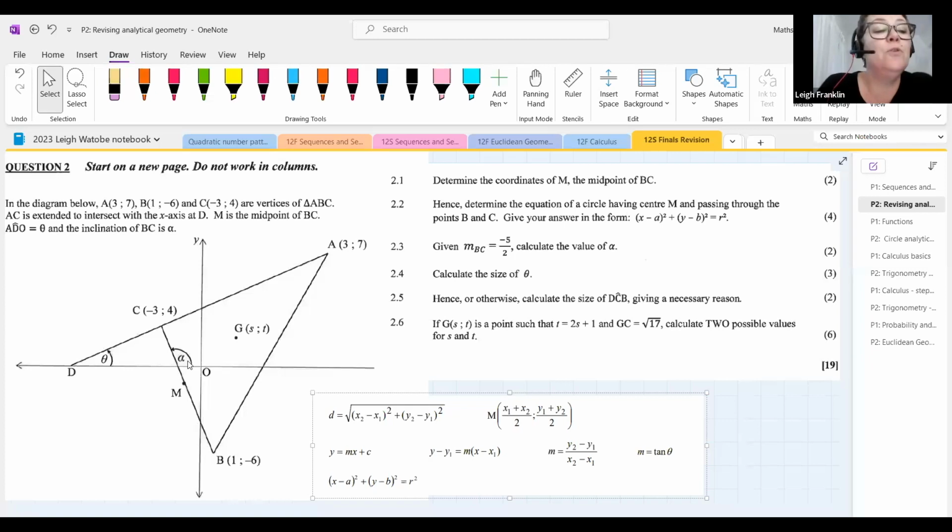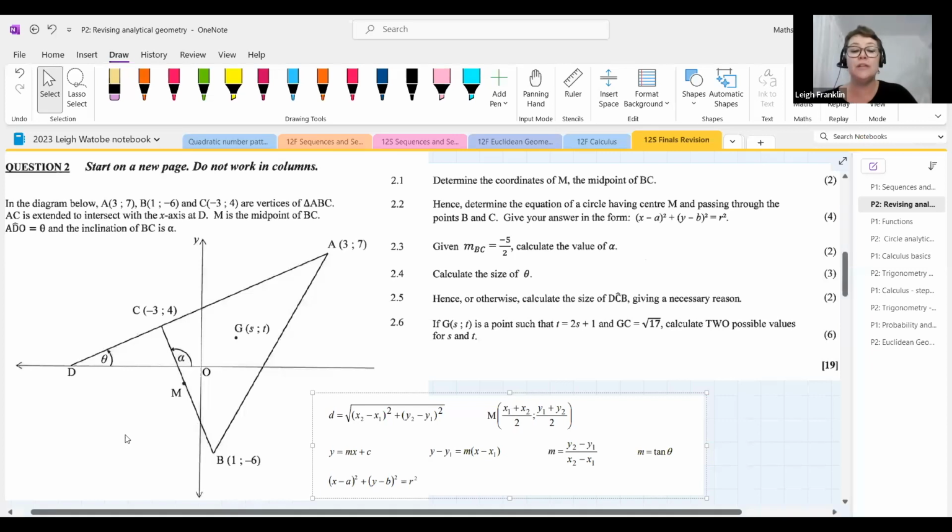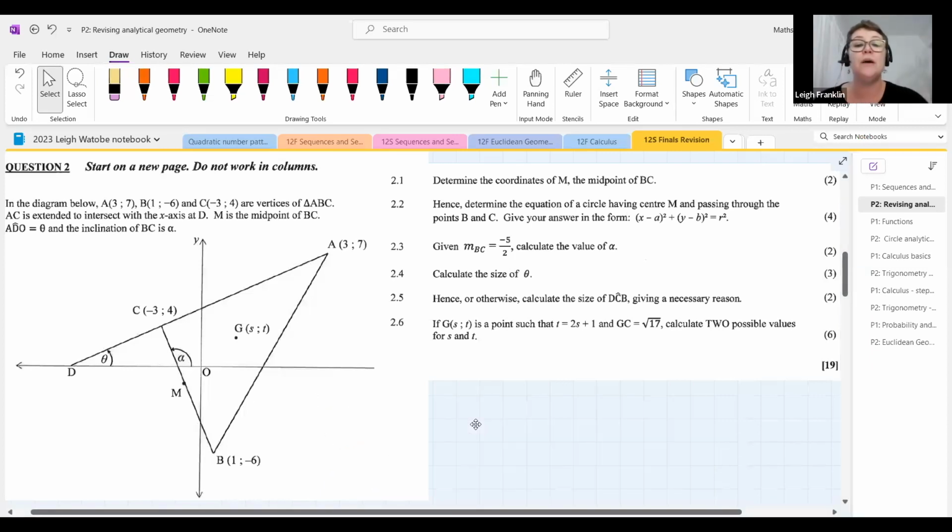All right, so the first question, 2.1, asks us to determine the coordinates of M, the midpoint of BC. That's fairly straightforward. All we need to do here is sub into the midpoint formula.